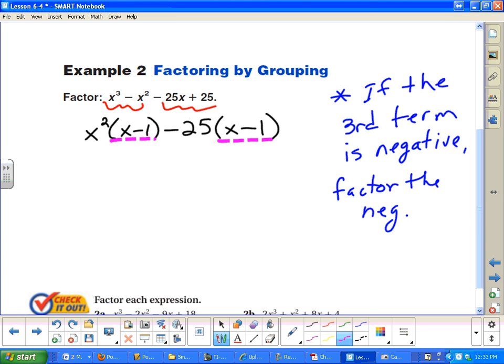I have x squared times this, negative 25 times that. So it's a common factor. So if I factor out x minus 1 now, what do I have left? I have x squared here, and I have negative 25 there.